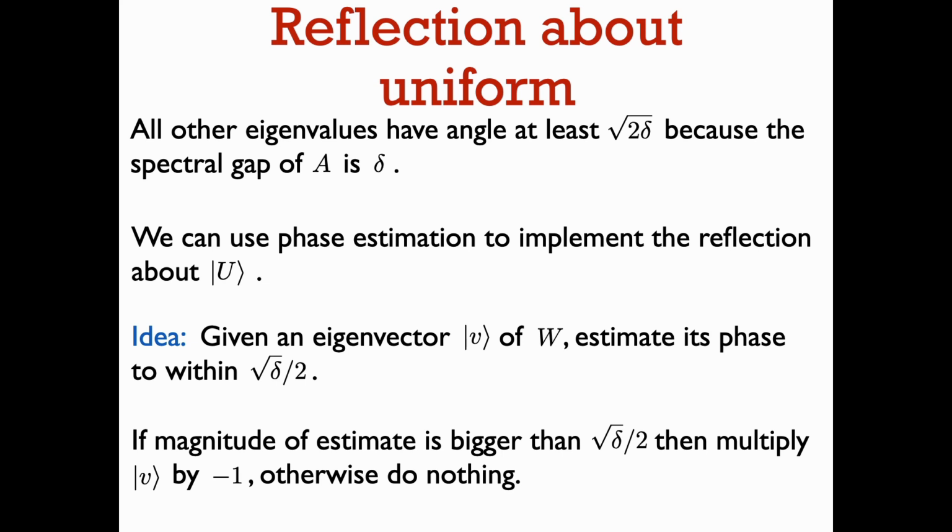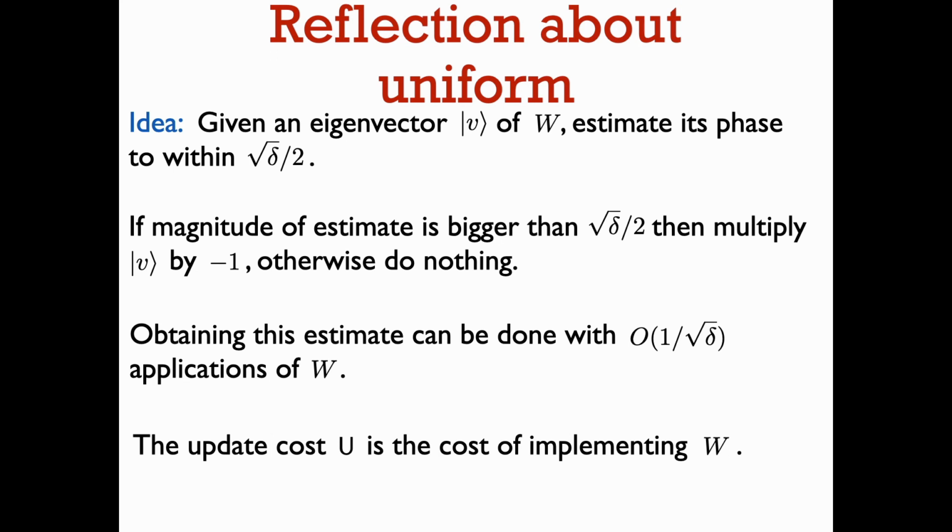Otherwise, we leave it alone. Doing phase estimation up to precision square root of delta divided by 2 can be done with order 1 over square root of delta applications of W. We define the update cost to be the cost of performing W.